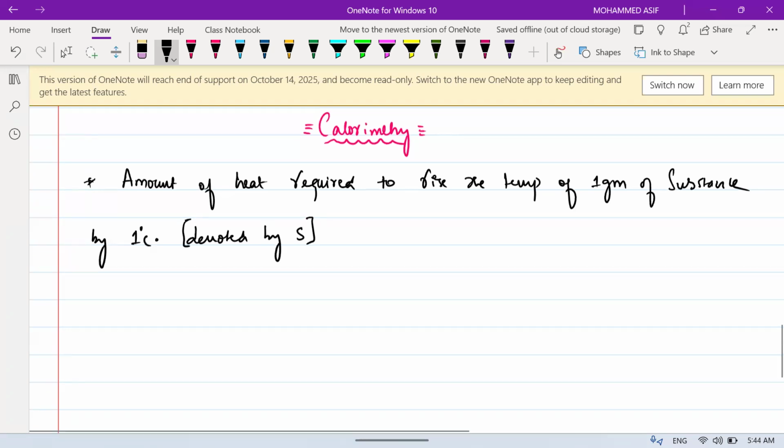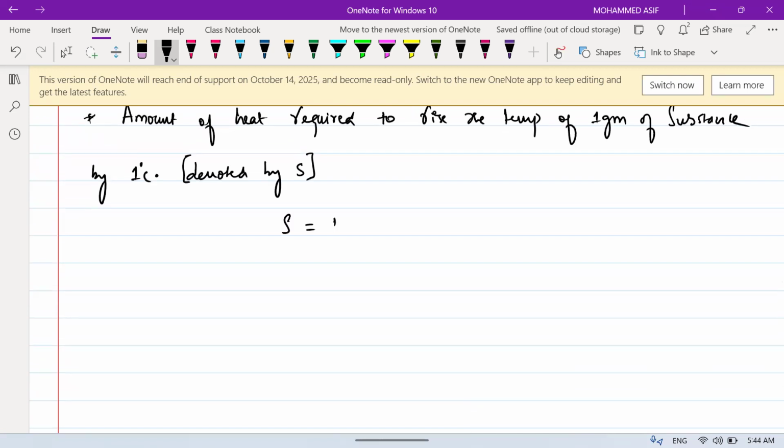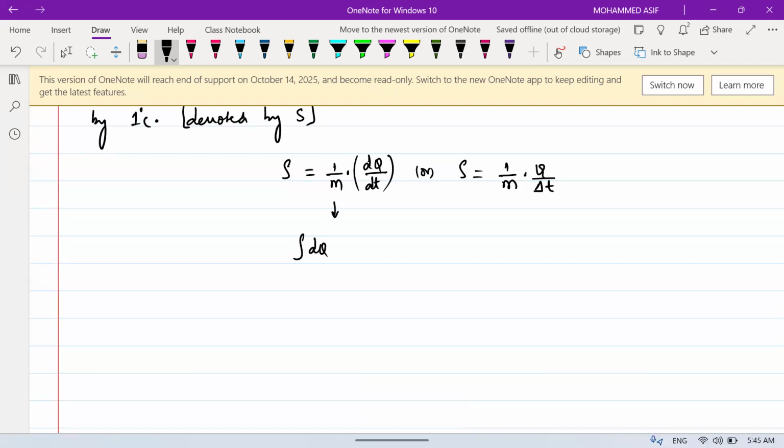Am I clear? See a formula. S is inversely proportional to the mass and directly proportional to the heat produced, that is dQ divided by dT. So from this one I can even write S is equals to 1 by m into Q divided by rise in temperature, that is delta T. If I take the integral of dQ from this equation, that is equals to integral of m into S into dT.